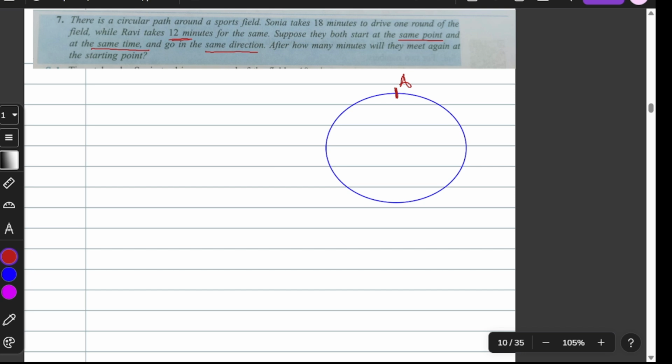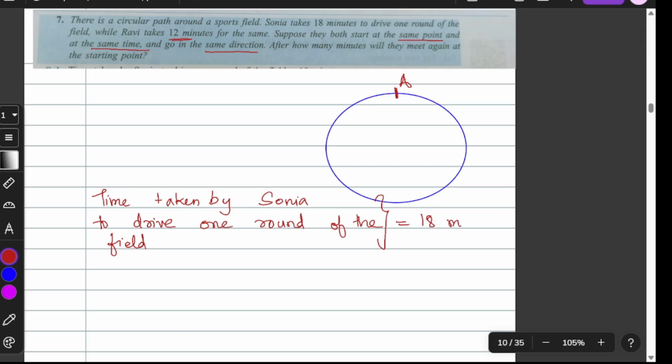Okay, for that, first we have to write the time taken by Sonia to drive one round of the field. How many minutes is it? 18 minutes.